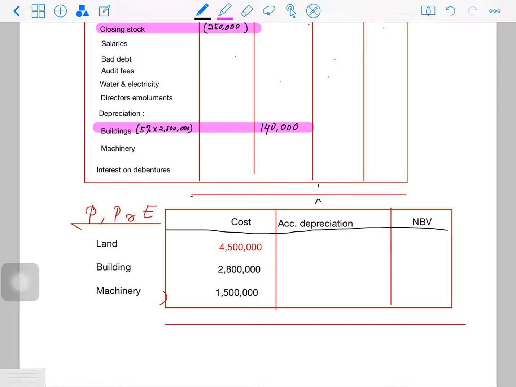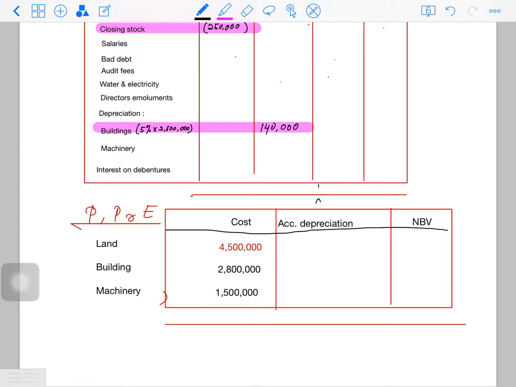For building it is 370 accumulated depreciation.